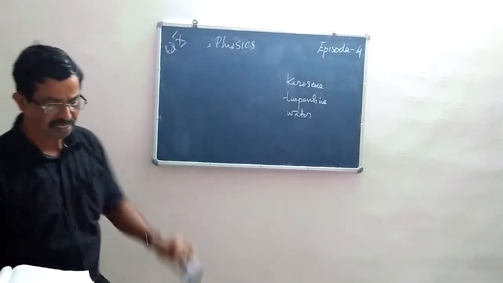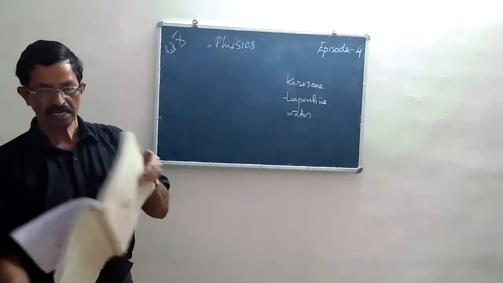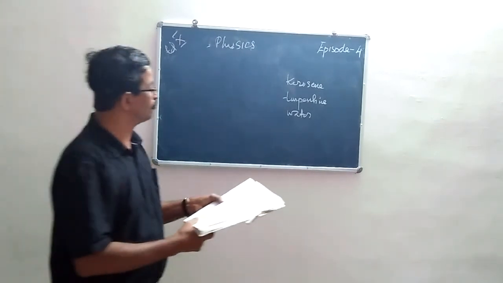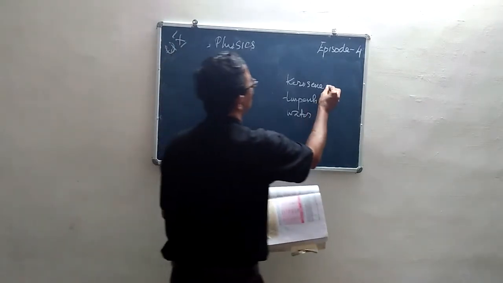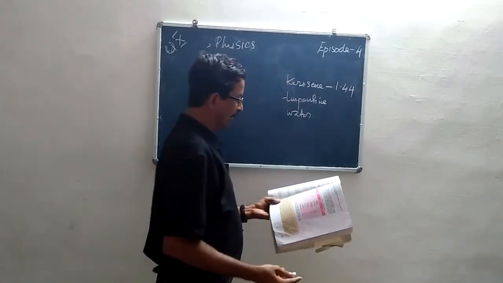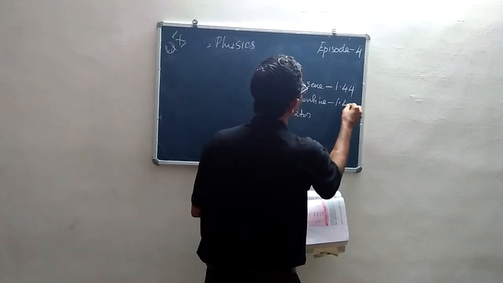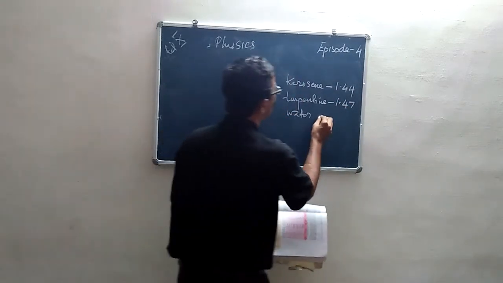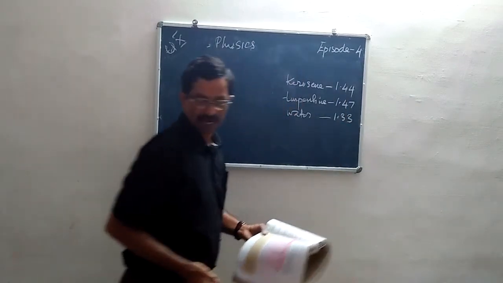See, from the table we can get the refractive index of kerosene as 1.44, turpentine 1.47, and water 1.33.